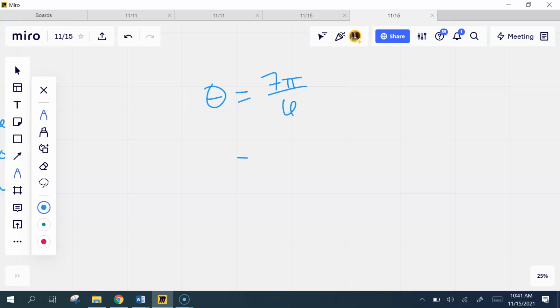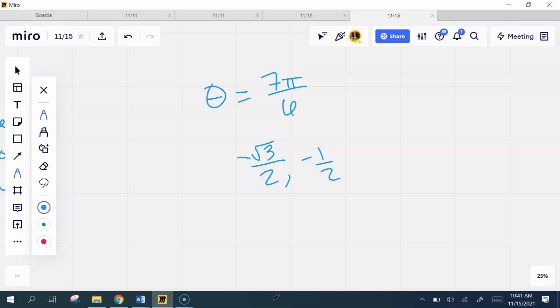Negative square root of 3 over 2, negative 1/2. Where is 7 pi over 6 on here? It could be radians too. The directions for this say, choose the point that is on the terminal side of theta.